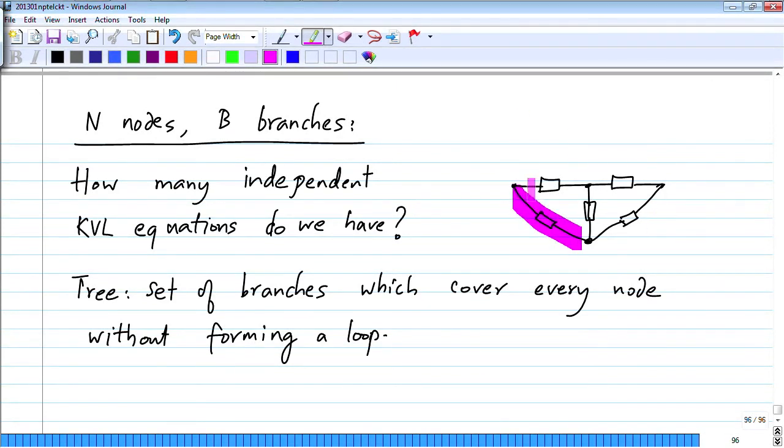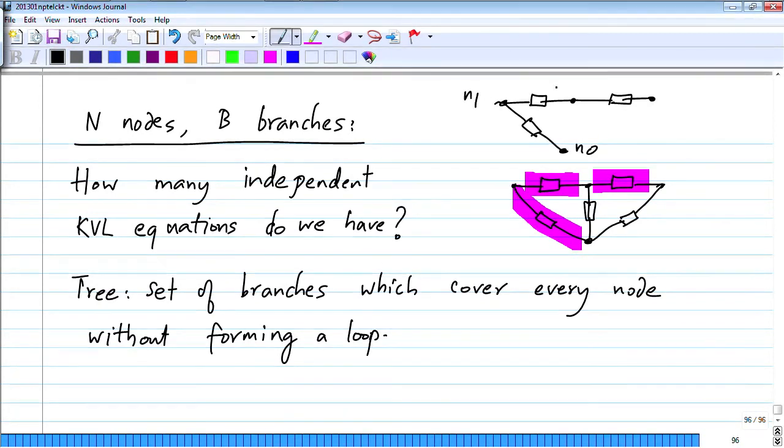What I mean is, in this circuit I could choose this, this and this. Now they start from this node, go to this one and this one. So if I draw only that part of the circuit, N0, N1, N2, N3. This set of branches covers all the four nodes N0, N1, N2, N3, but there is no loop formed. That is very obvious from this.